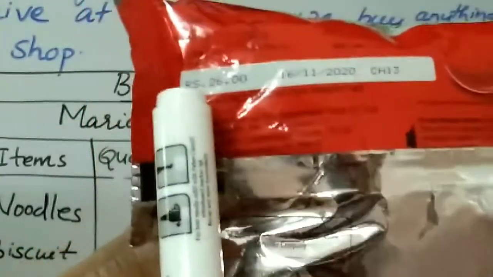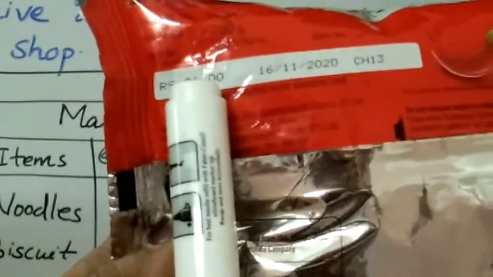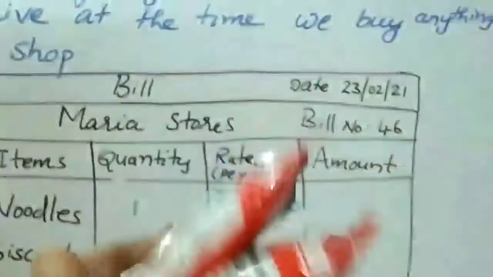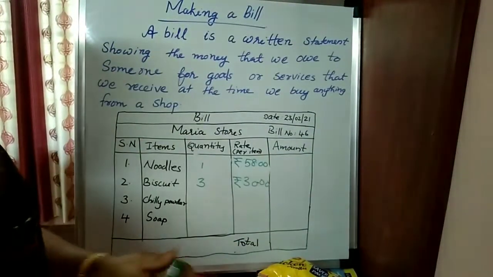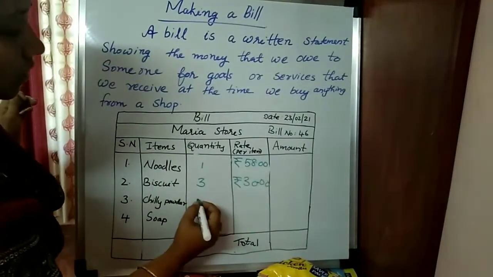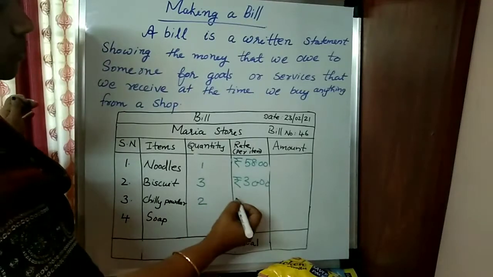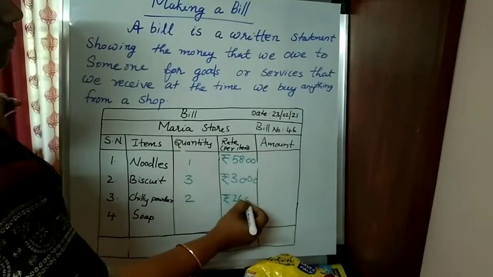So what is the cost of 1 packet of chili powder? Rupees 26. How many packets? 2 packets. So in quantity, here you write 2. Then the cost of each packet is rupees 26.